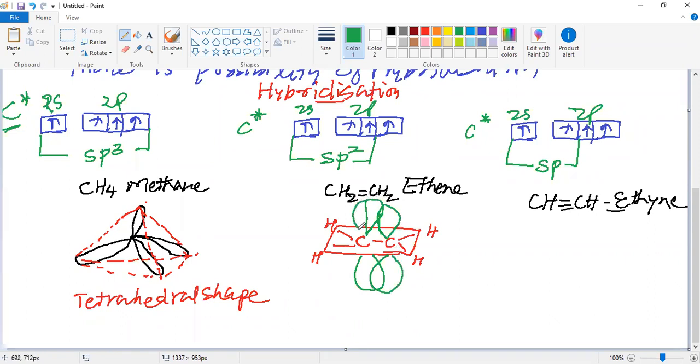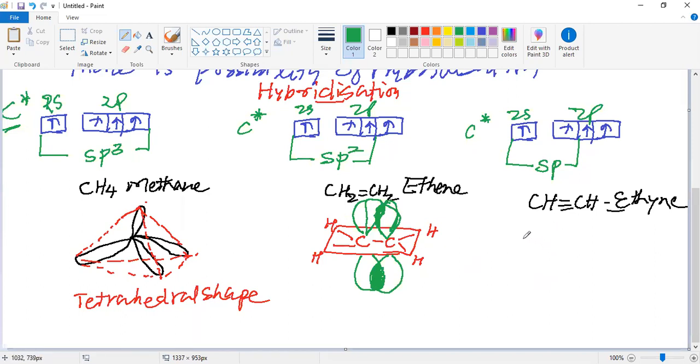So now you can easily understand, my dear students, that when we have the sp2 hybridization, this is what happens. You can see that there is an electron cloud above and under this plane.